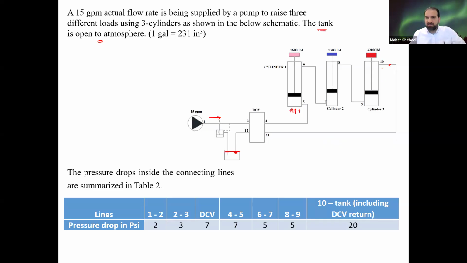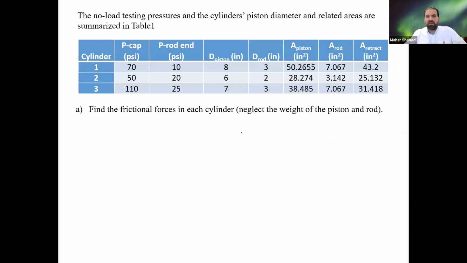To simplify things, we do have the diameters, but I also calculated the areas here. It's not always you're going to have those. For each cylinder, we have the diameter of the piston and the diameter of the rod. That's probably what you will be given.